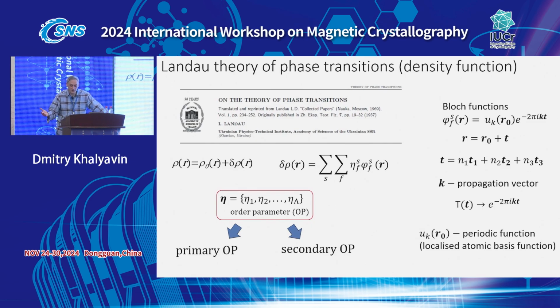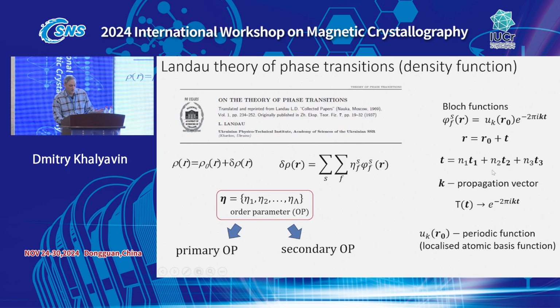Translations form a commutative group, so all its representations are one-dimensional. These complex numbers are representations of our group of translations, and the propagation vector enumerates the different representations. So these are Bloch functions.